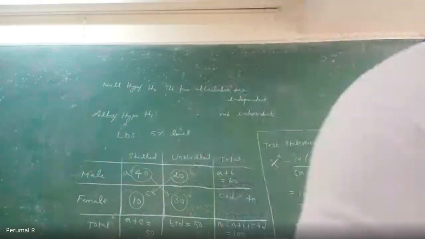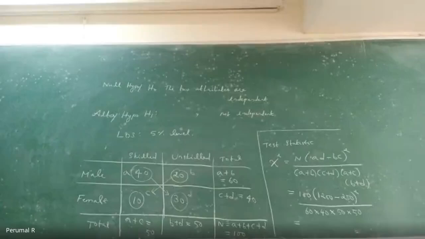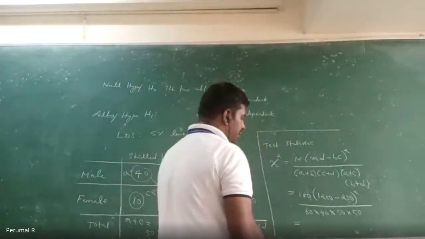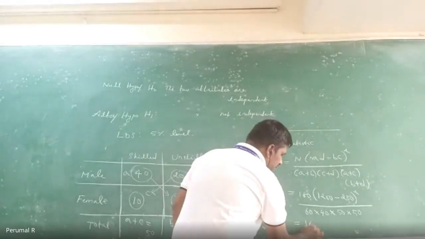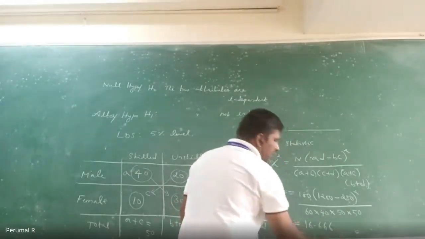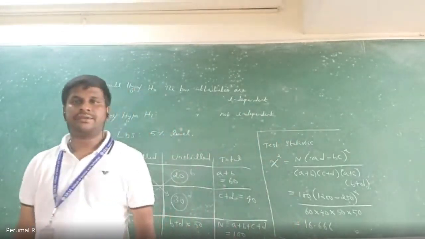15.04. So you can check it one more time. 10 upon root 6. What's the answer? 10 upon root 6, you can convert it to decimal. This is the answer, 16.66.